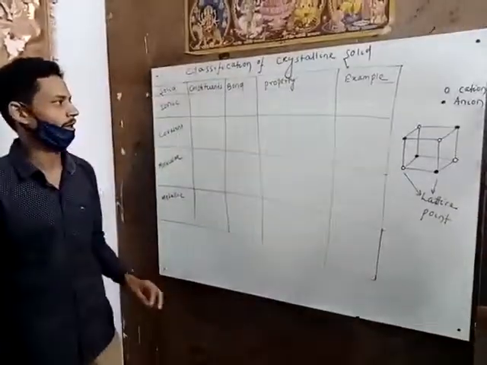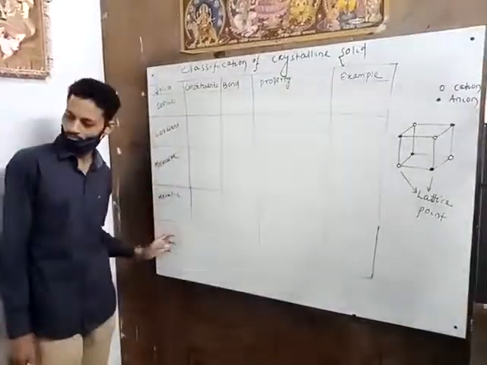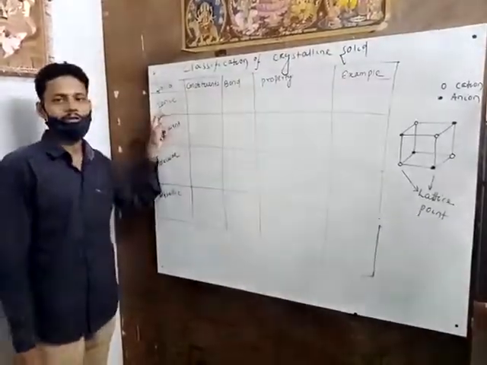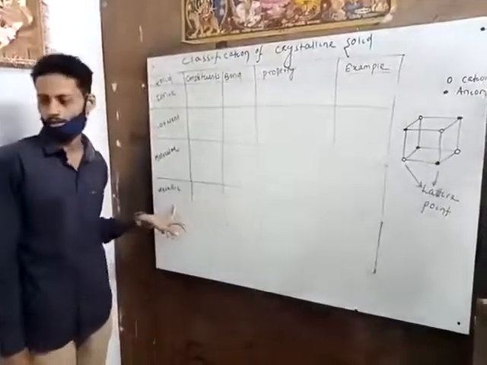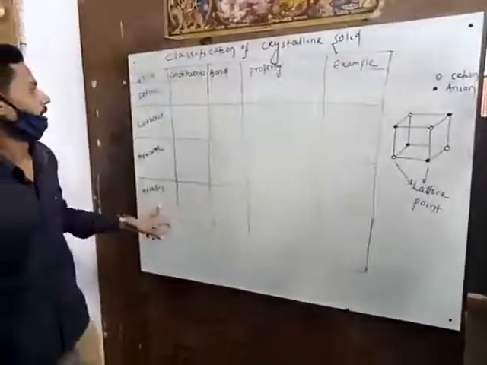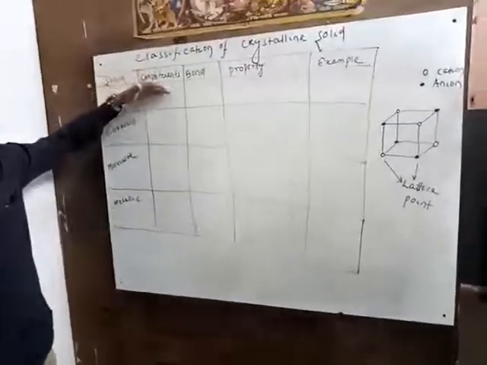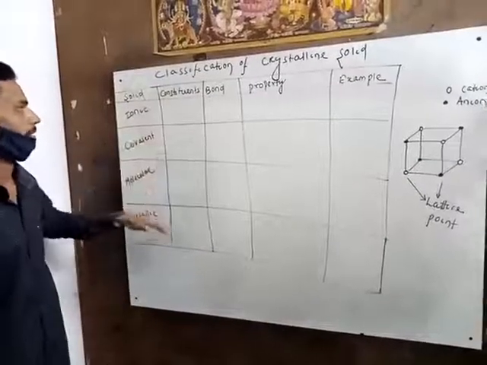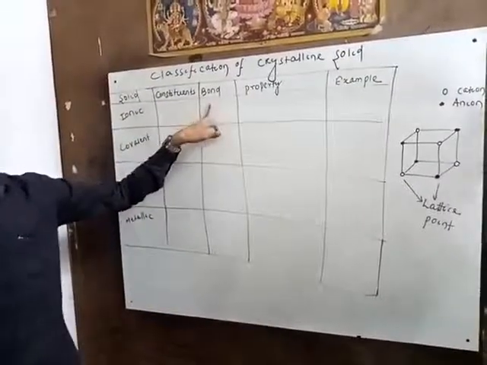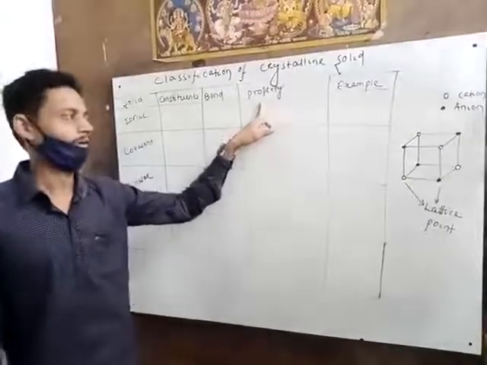As per the flow chart, the crystalline solids are of four types: ionic solid, covalent solid, molecular solid, and metallic solid. Let's discuss briefly their constituent particles, how the ionic solid and the other solids are made, what type of bond is present, and what are the characteristic properties of the different solids.